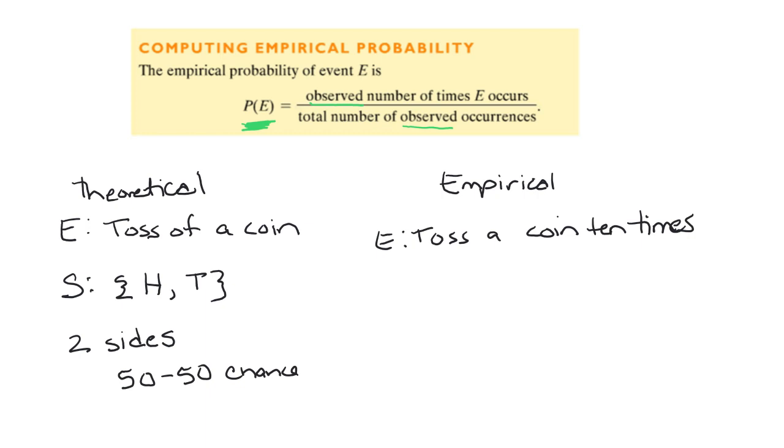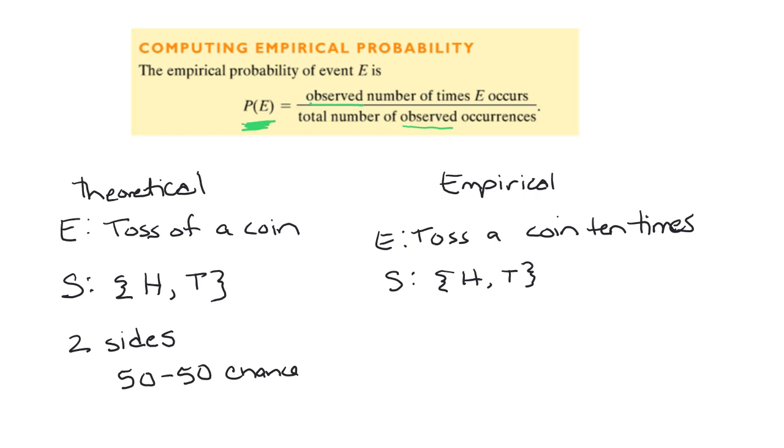And again, our sample space is still the same. It is still heads or tails. We will record and observe how many times we've seen heads, how many times we've seen the tails. Now, if we're only tossing 10 times, which is not very much, there's a pretty slim chance that we'll get 50-50 to come out of those 10 attempts.